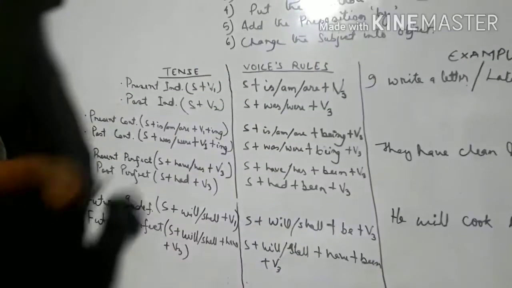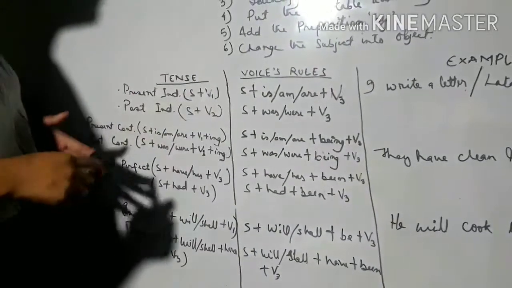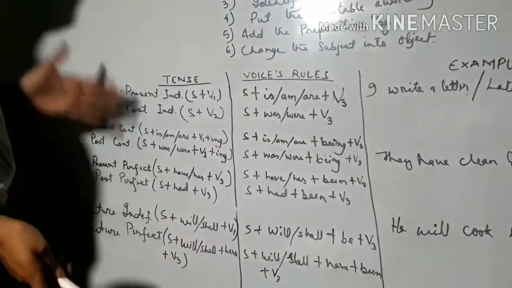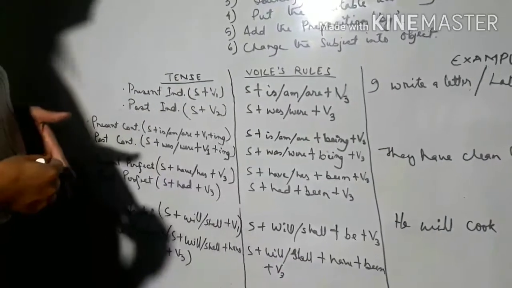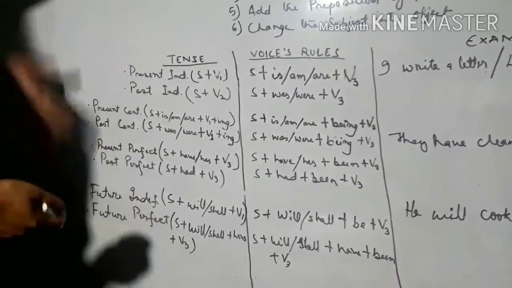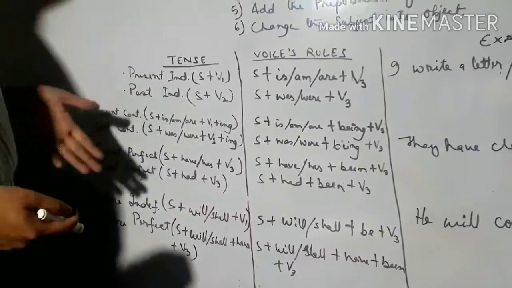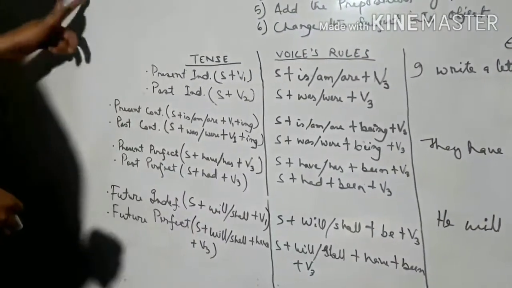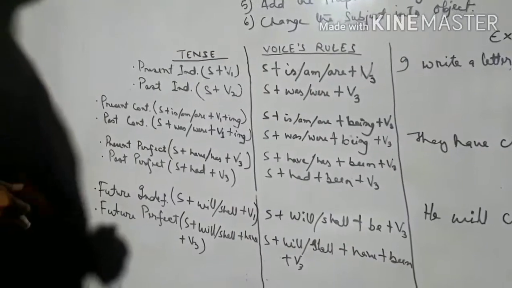Here I have given some tense rules and voice rules for changing an active sentence into passive form. Actually in English grammar there are 12 tense forms, but in voice we use only 8 tense forms.